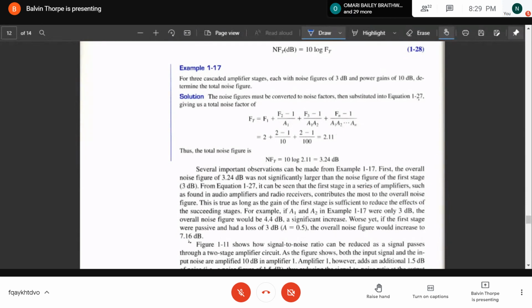Read through it. Look at how the answer is found and tell me if you understand what is being done. It's really plug in the formula, plug in values in the formula based on what's given. But it's also important for you to get a little bit of interaction with the formula before it comes a time when you have a formula but you don't know what to put in it.